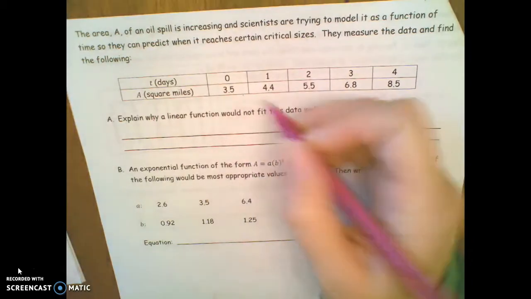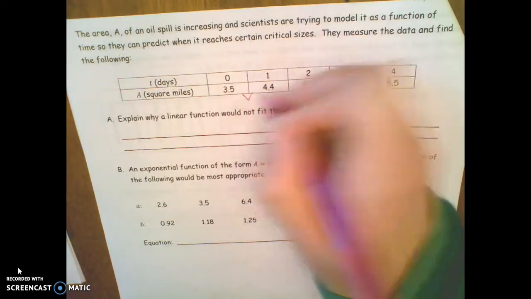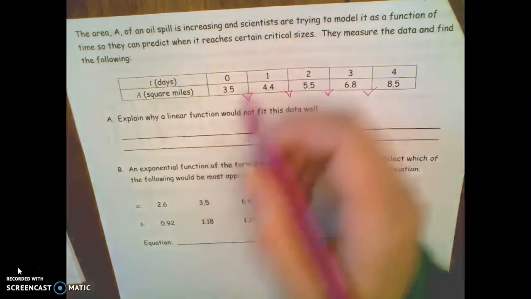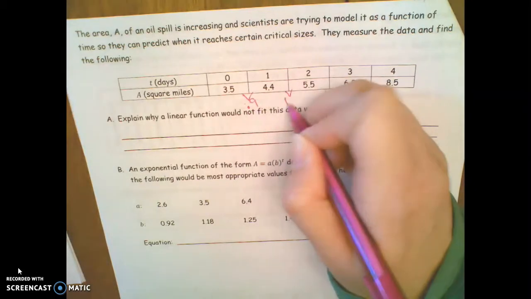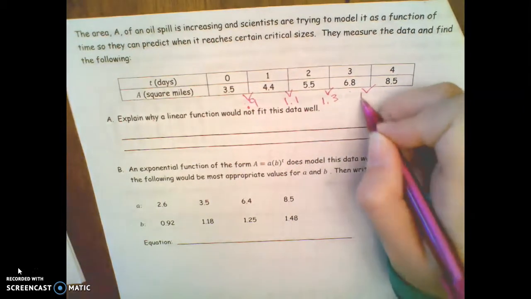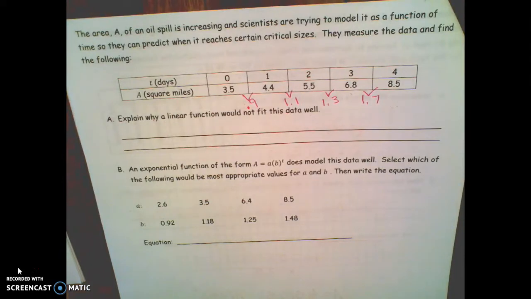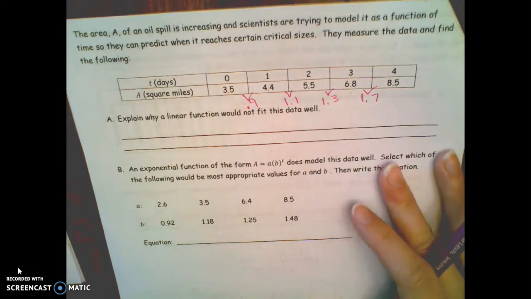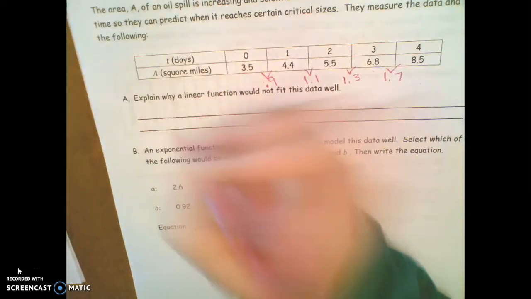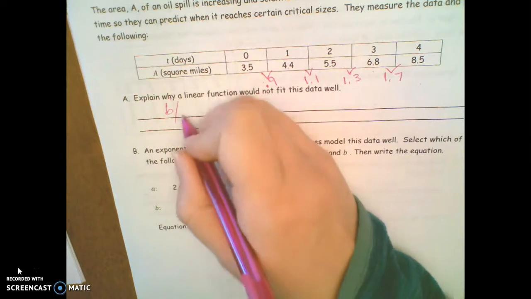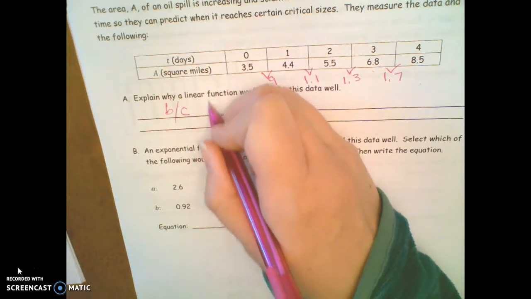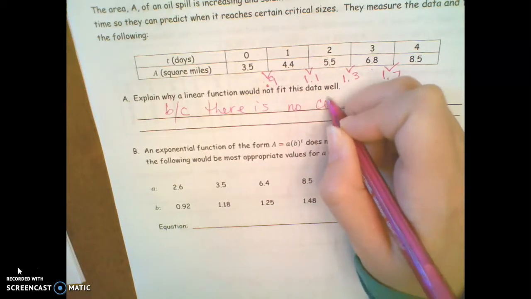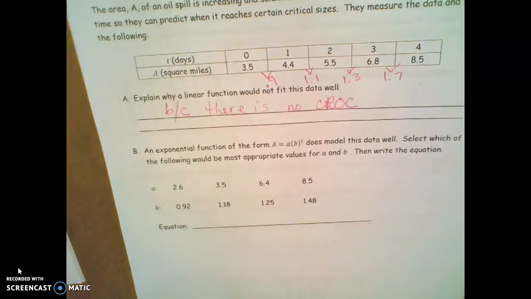So if it's linear, it would have a constant rate of change, meaning the numbers in between here would be the same. This is 0.9, 1.1, 1.3, 1.7. They're all kind of close together, but they're pretty clearly increasing each time. So a linear model is not going to be a good fit for this data because there is no constant rate of change.